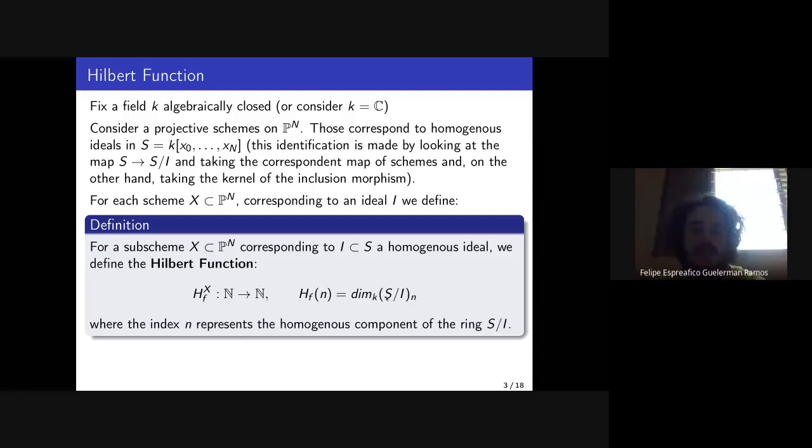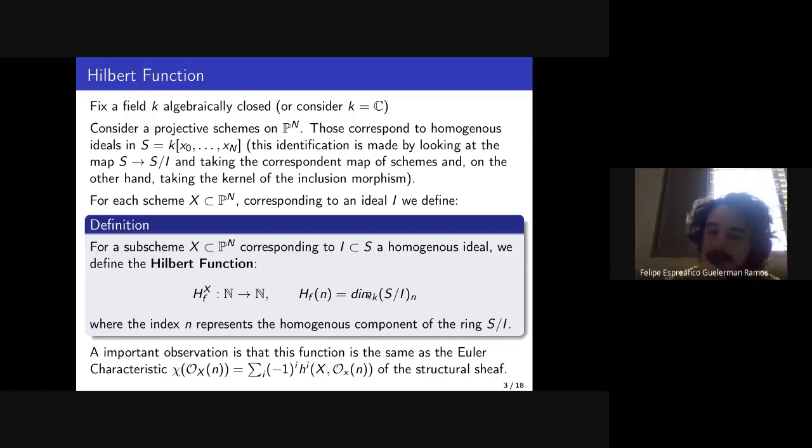So S over I is a graded module, and we could get its n-th homogeneous component and compute its dimension over K, and that is the Hilbert function, right?